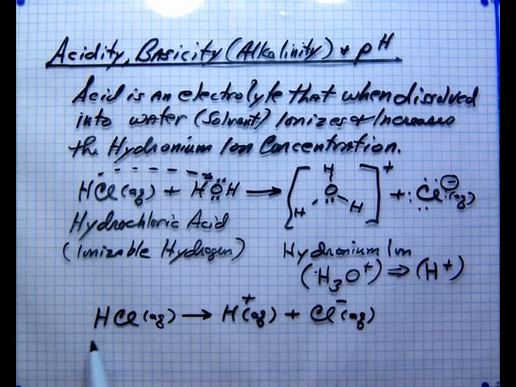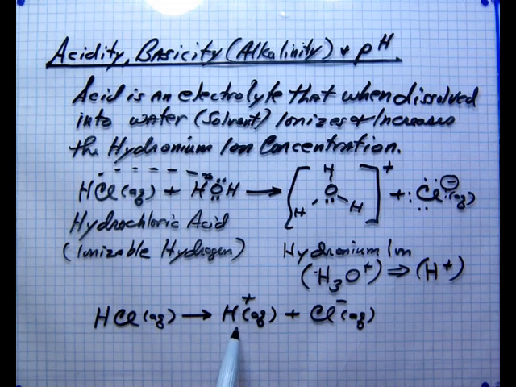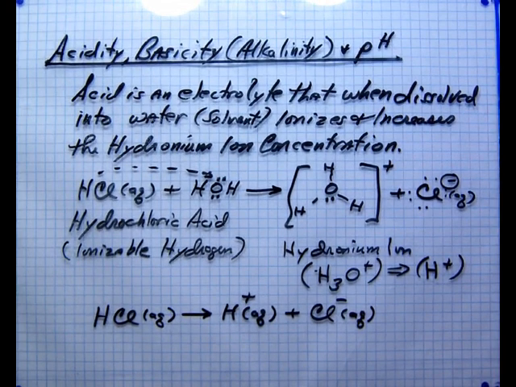And so any compound which, when placed into water, ionizes and increases the concentration of the hydronium ion or hydrogen ion is considered to be an acid. Now that's an Arrhenius definition.